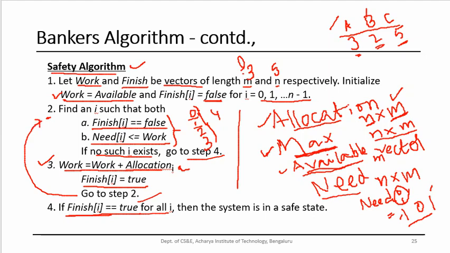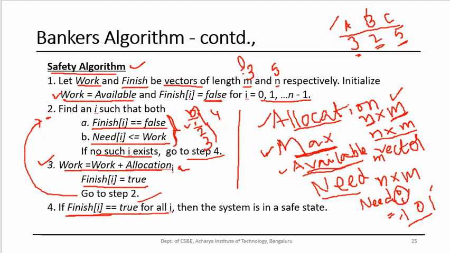That means if we find that process 0 meets these constraints, then we take back the resources that were allocated to 0, add them to work, make finish of 0 equal to true, and go back and see whether we can meet the requirements of 1, and so on.